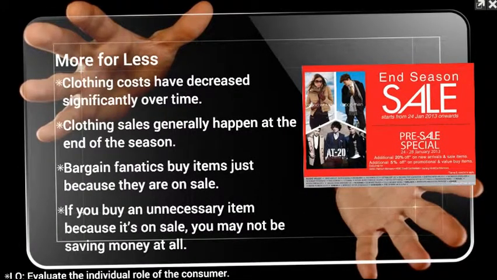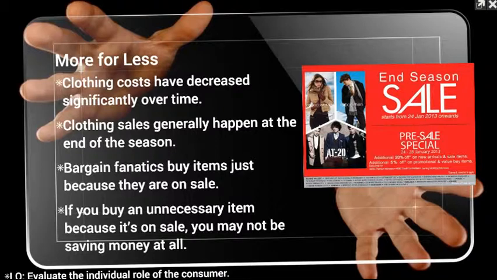More for less. Clothing costs have decreased significantly over time. Clothing sales generally happen at the end of the season. Now, once again, if you're trying to stay on the cutting edge of what you're wearing, then end of the season sales are really kind of a difficult time because you're buying right at the end of the season.